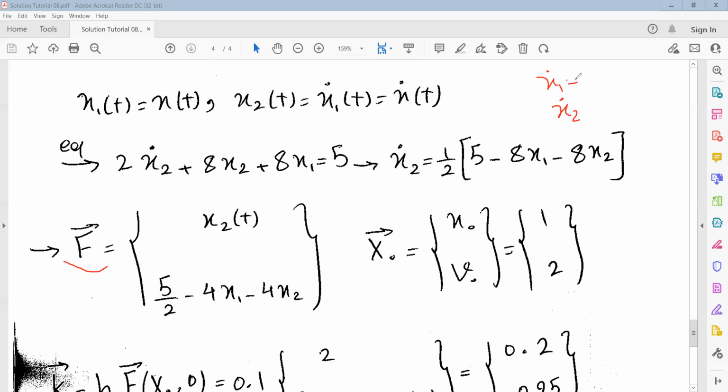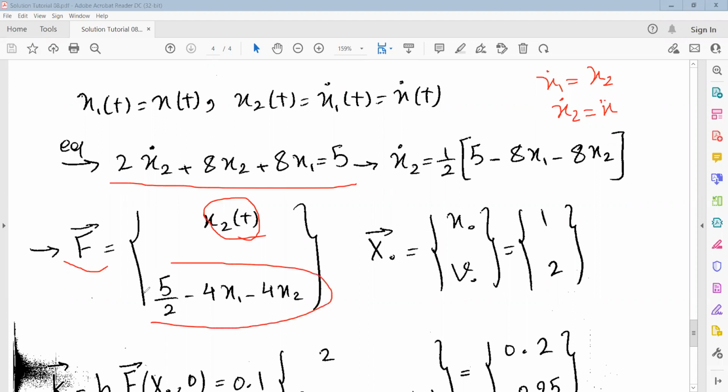Here you can see that x1 dot is equal to x2, so this is the first component of the vector f, and x2 dot, which in fact is equal to x double dot or x1 double dot, will be obtained from this equation, and it's equal to this term. So we can form the vector f.